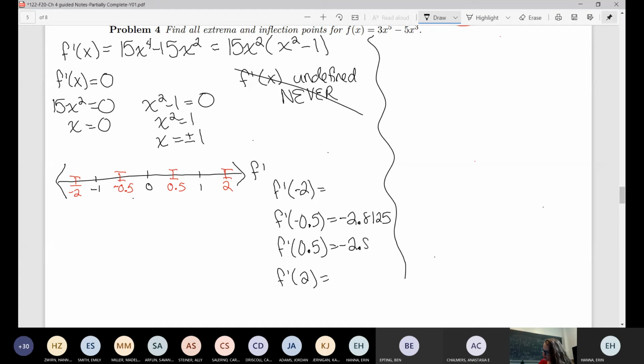And so will the negative 0.5. That's just a coincidence. And then for 2, we will get 180, and for negative 2, we will also get 180. Also a coincidence.